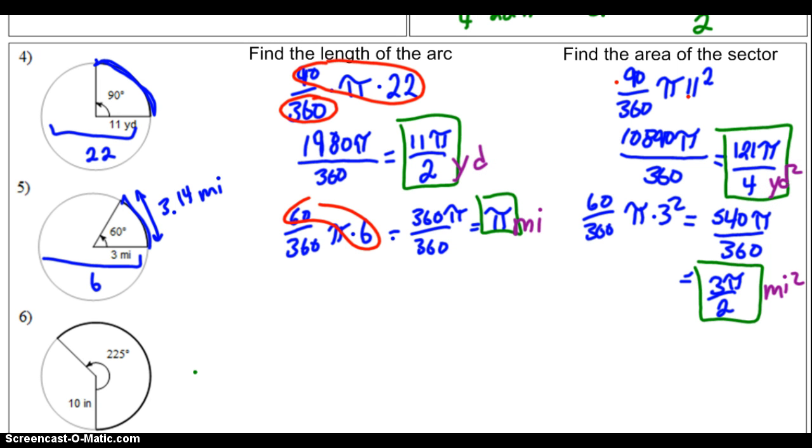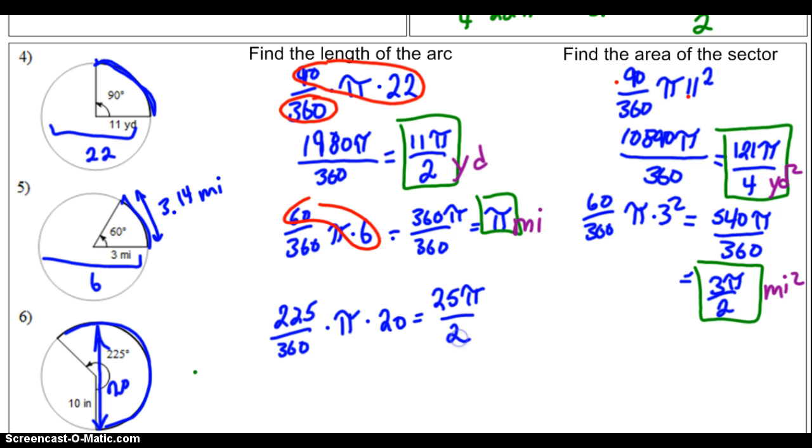Okay, and then for number 6, let's see. Wow, we've got a really big arc right there. So that'll be 225 over 360 degrees times pi times, well, the radius is 10, so the diameter is going to be 20 times 20. And if you simplify that all down, you should get 25 pi over 2.